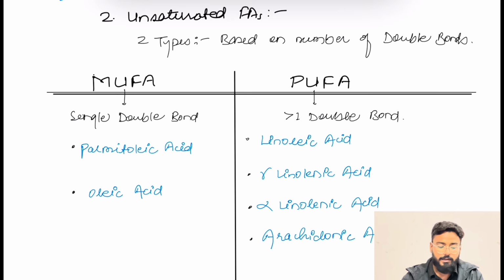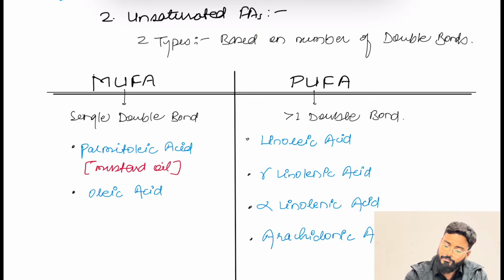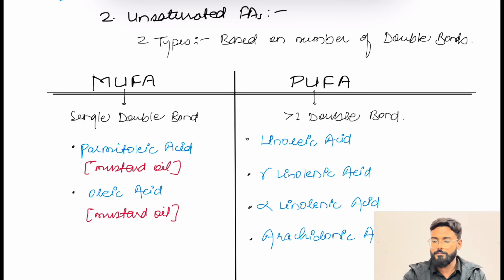The examples of MUFA are palmitoleic acid, the source is mustard oil, and another one is oleic acid, the source is again mustard oil. Nothing very important, nothing very specific.